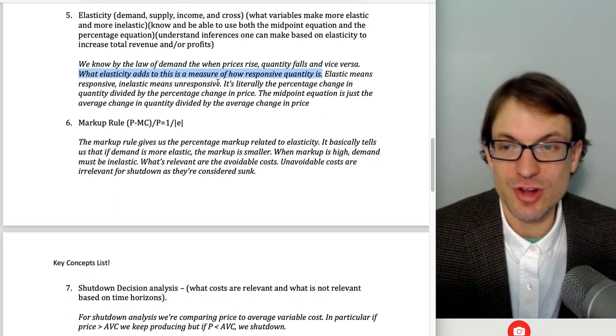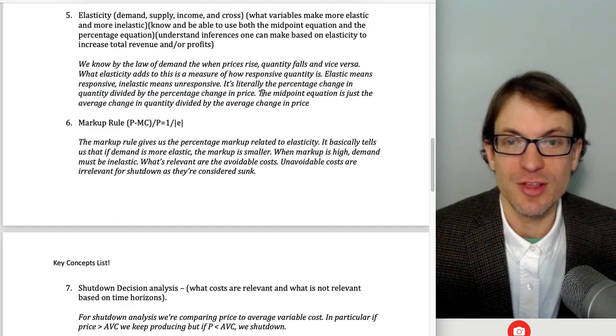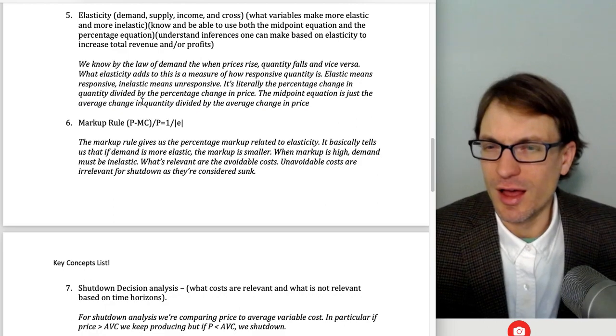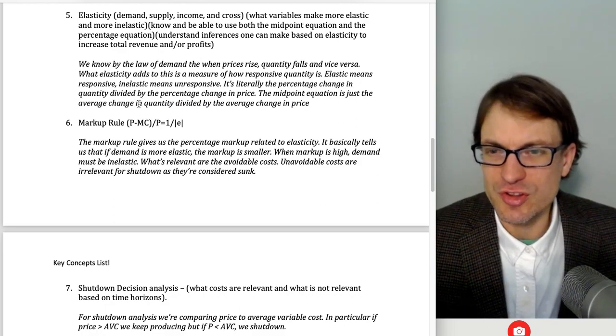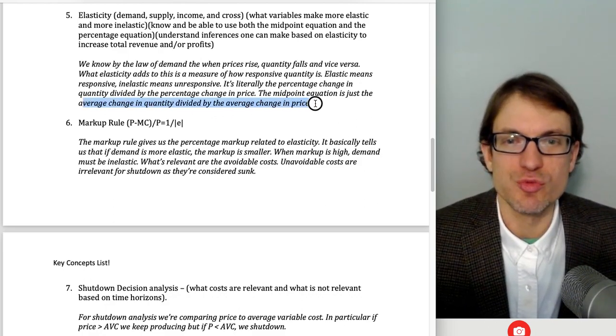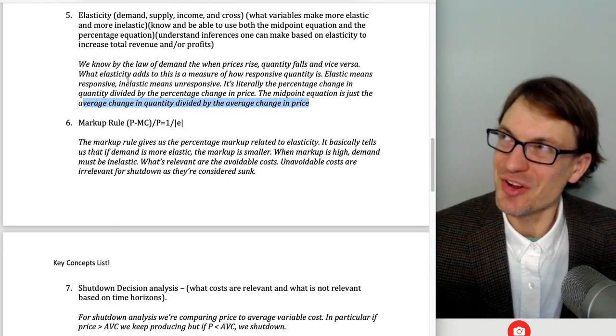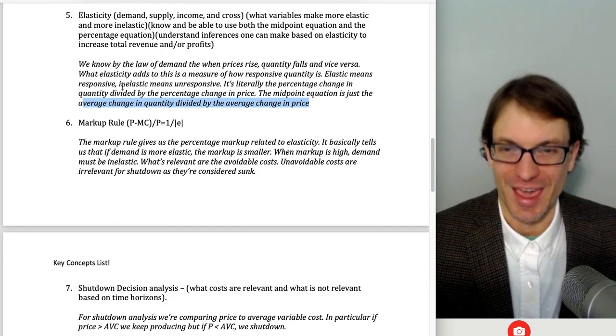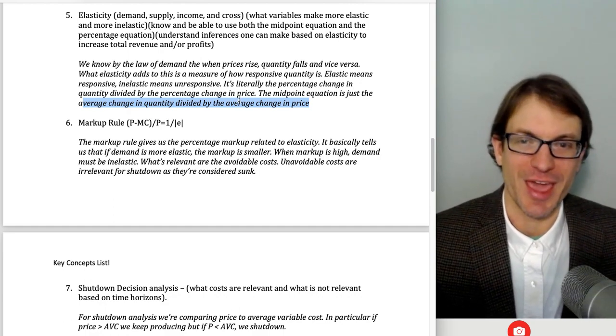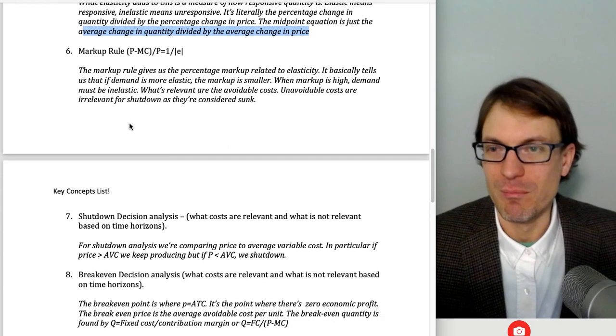It's the percentage change in quantity divided by the percentage change in price, and the midpoint method is just the change in quantity divided by the average quantity, and then the change in price divided by the average price.